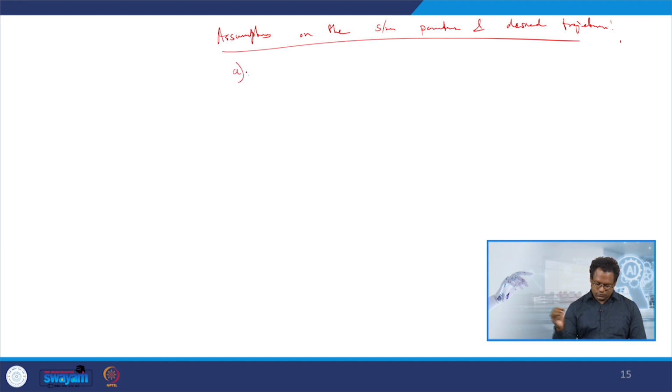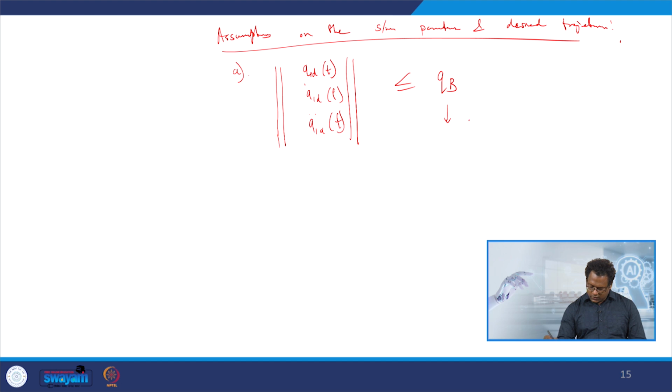The first case is the desired trajectory boundedness: q1d dot, q1d double dot of t, whose norm is less than or equal to qb, where qb is a known scalar bound.